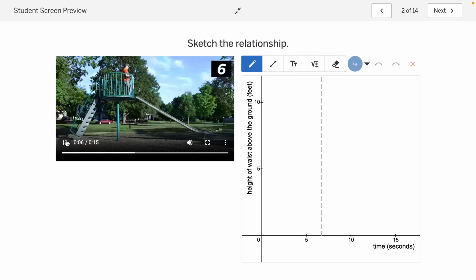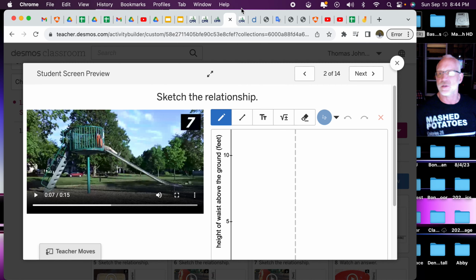And then he stays at 12 until 6 seconds. And then at 7 seconds, he goes down to about 10. I'm just guessing. Now, I told the kids you don't have to be perfect on these, right? We're just trying to get a feel for the general shape of this.